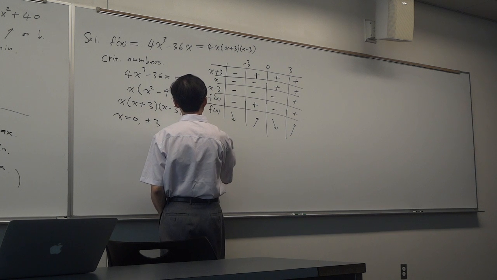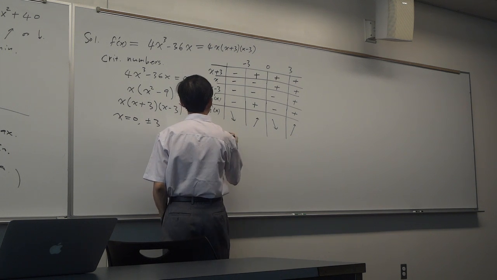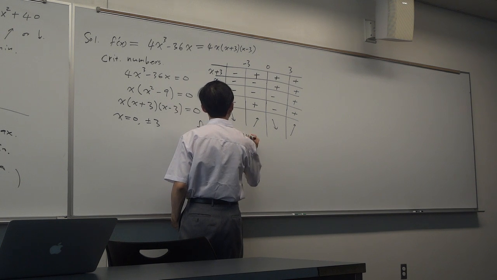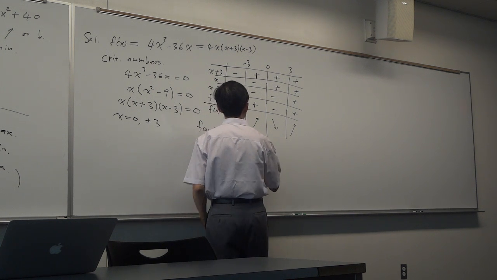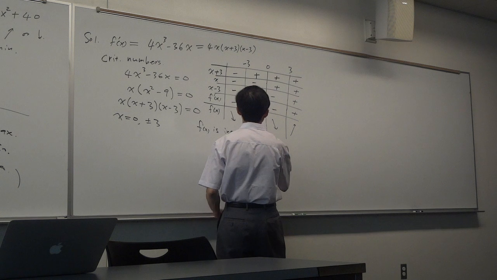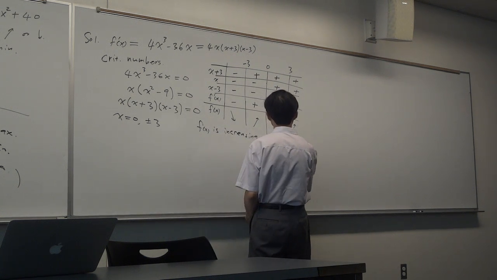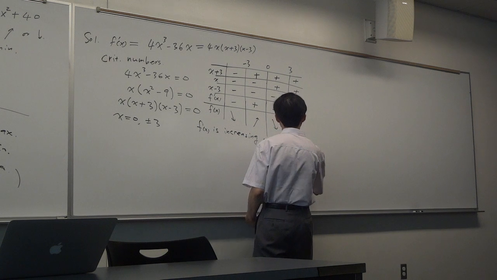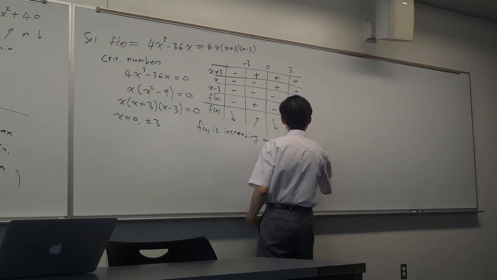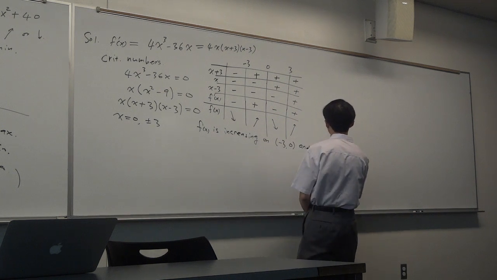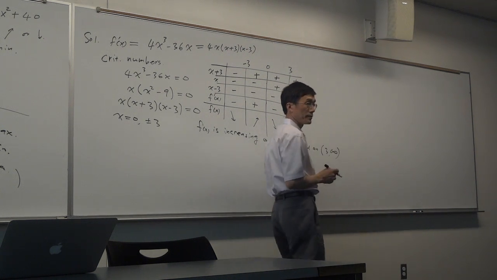F of x is increasing on, let's see, from -3 to 0, and increasing on 3 to infinity.